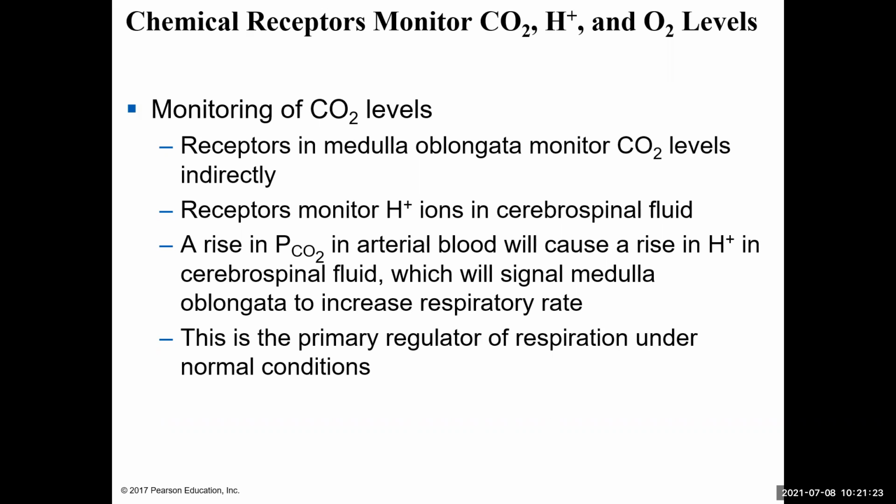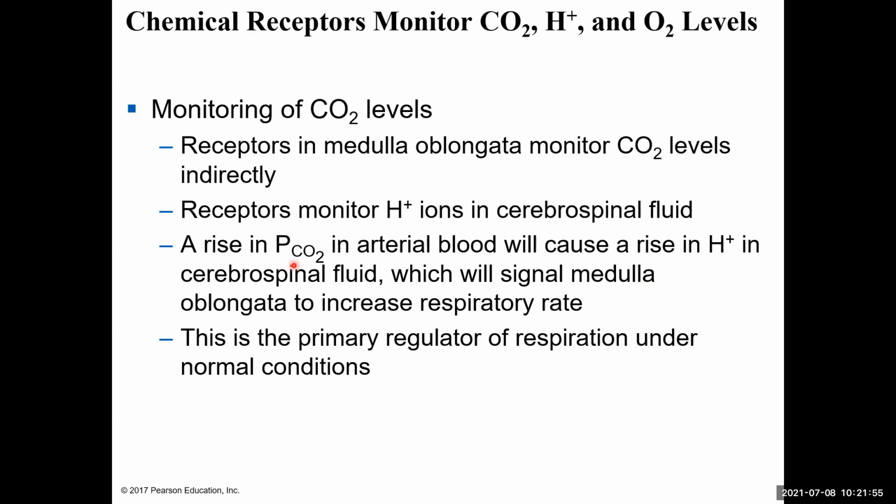Because if you remember, when carbon dioxide goes into the blood, it binds with water, turns into carbonic acid, and then that carbonic acid releases a hydrogen ion, turning into bicarbonate. So if you have a lot of carbon dioxide, then you will have a lot of hydrogen ions in the bloodstream.